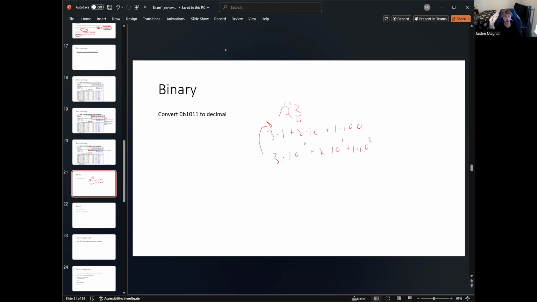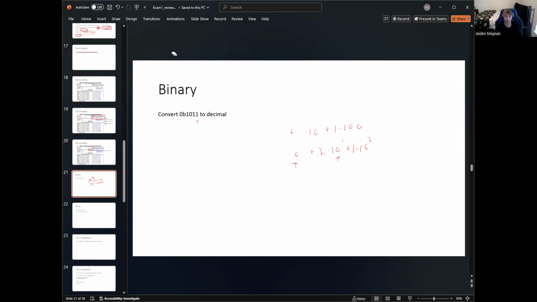When you have a number in binary, it is the exact same thing, except instead of times 10 to whatever the position is, it's going to be 2 to whatever the position is. And instead of multiplying by 3 or 4, it's just going to be whatever this digit is, since you can only have zeros and ones.